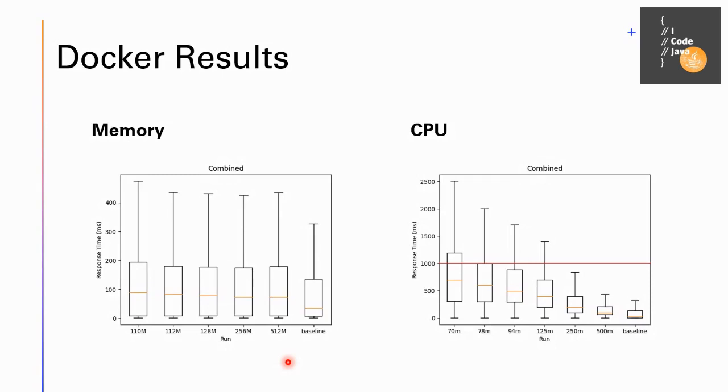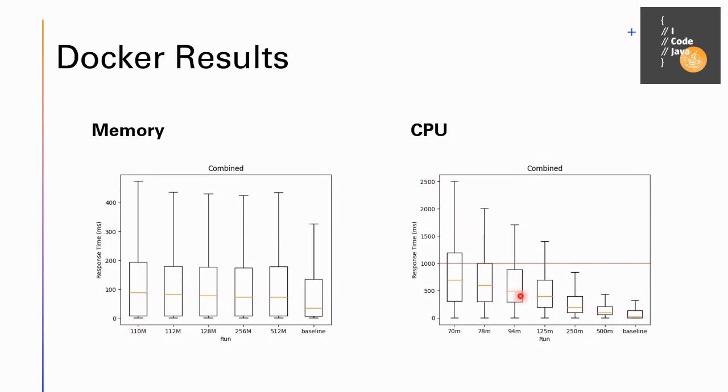And I worked my way down, kind of halving, until I got to the point where it no longer ran. Well, I got failed HTTP responses. So 110 megabytes was pretty much the least amount of memory that I could give my application for it to run successfully. Reducing the memory did not significantly impact my response times. That's a win. CPU, on the other hand, well, that's a completely different story.